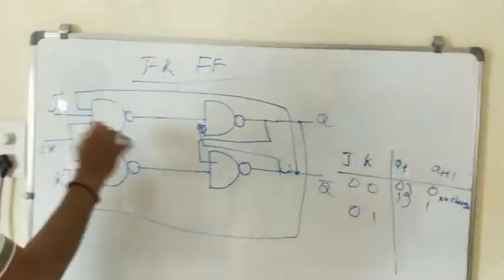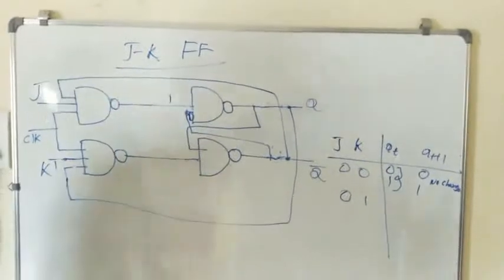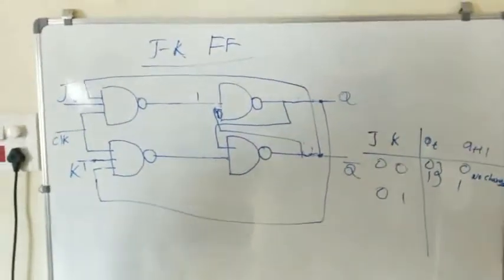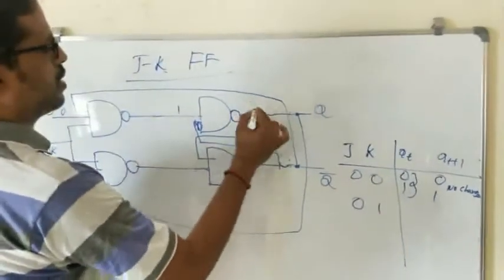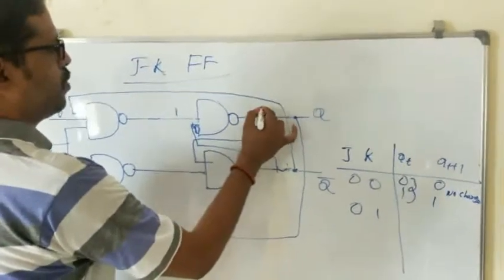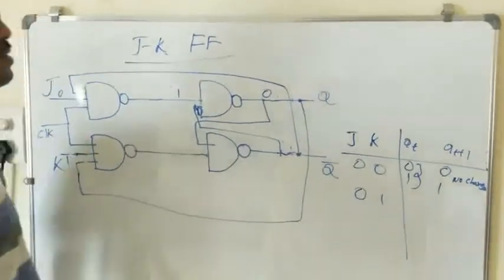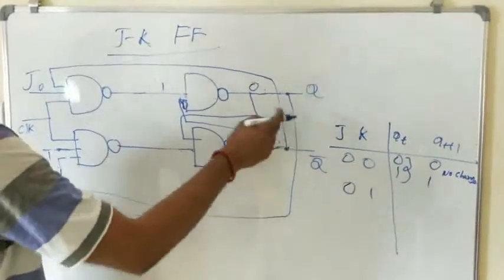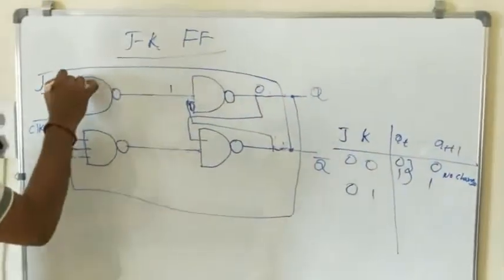J is 0 means it is going to be 1 anyhow. Now we have to see the present state Q. We will assume the present state is Q, and Q dash is going to be 1.